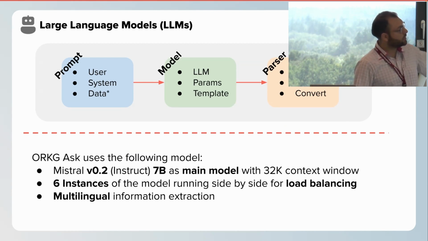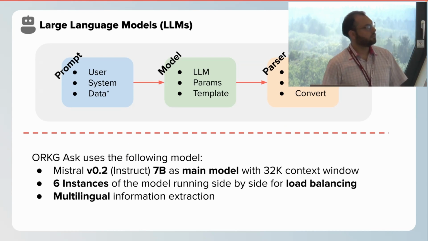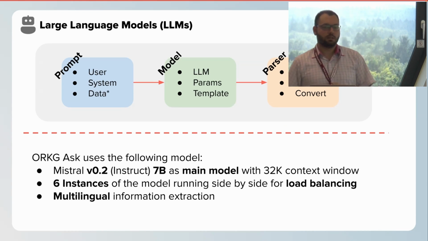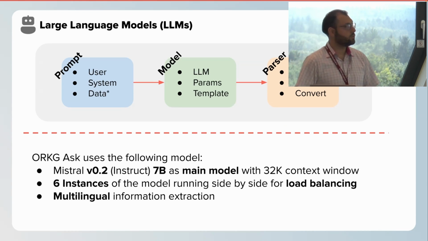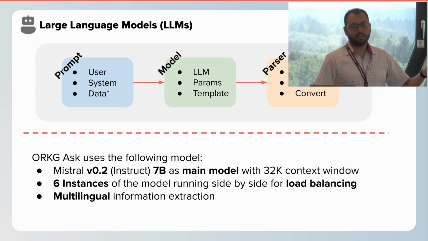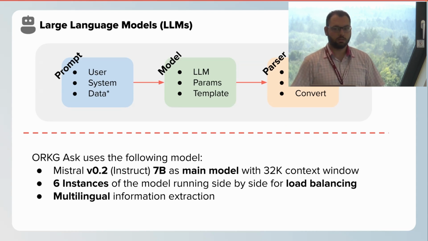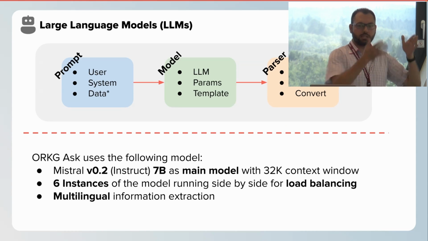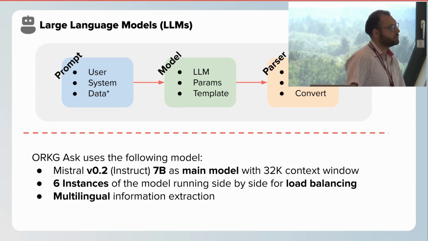This then goes to the language model itself. For each language model or for each use case, we might have separate parameters to use. We might have a template for how to call the model. Some have internally different templates where you say, this is the instruction, this is the user prompt.